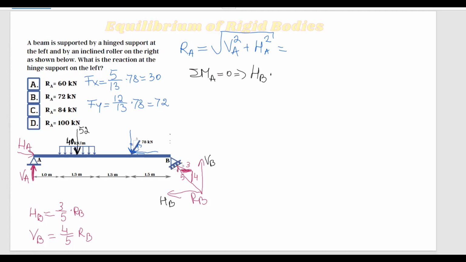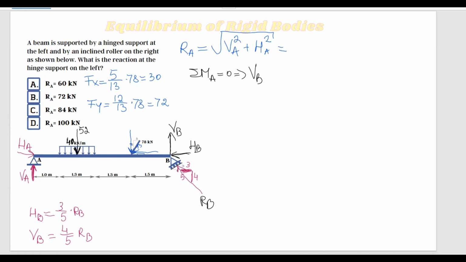Just to make this easy to understand, VB is actually here, and HB is translated over here. This is the RB resultant. HB is not going to be the case; we're going to work with VB.